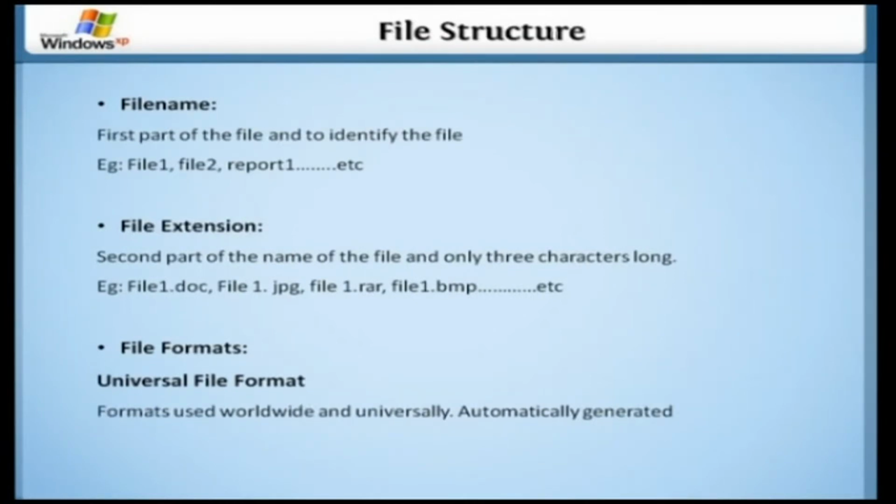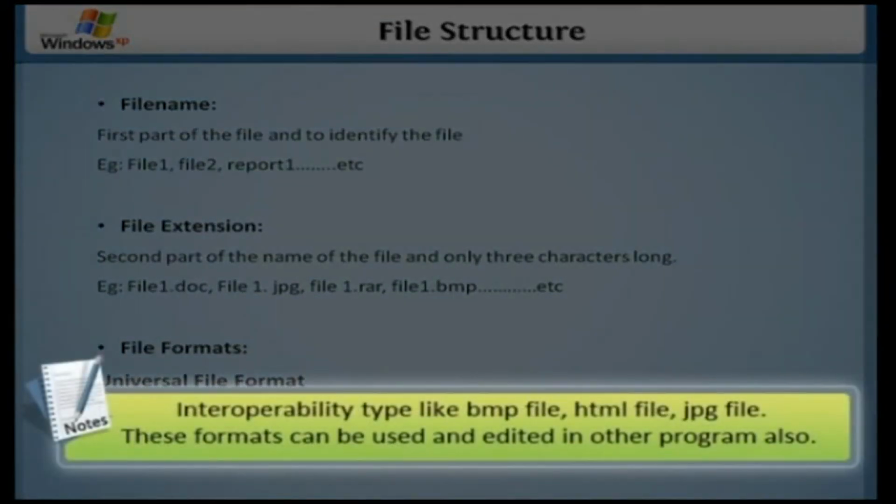These formats are generated automatically while saving the files in the program or software or operating system, such as .doc, .exe, .txt, .jpg, .psd, .avi, etc. There are few formats which come under the interoperability type, like BMP file, HTML file, JPG file. The file with these formats can be used and edited in other programs as well.